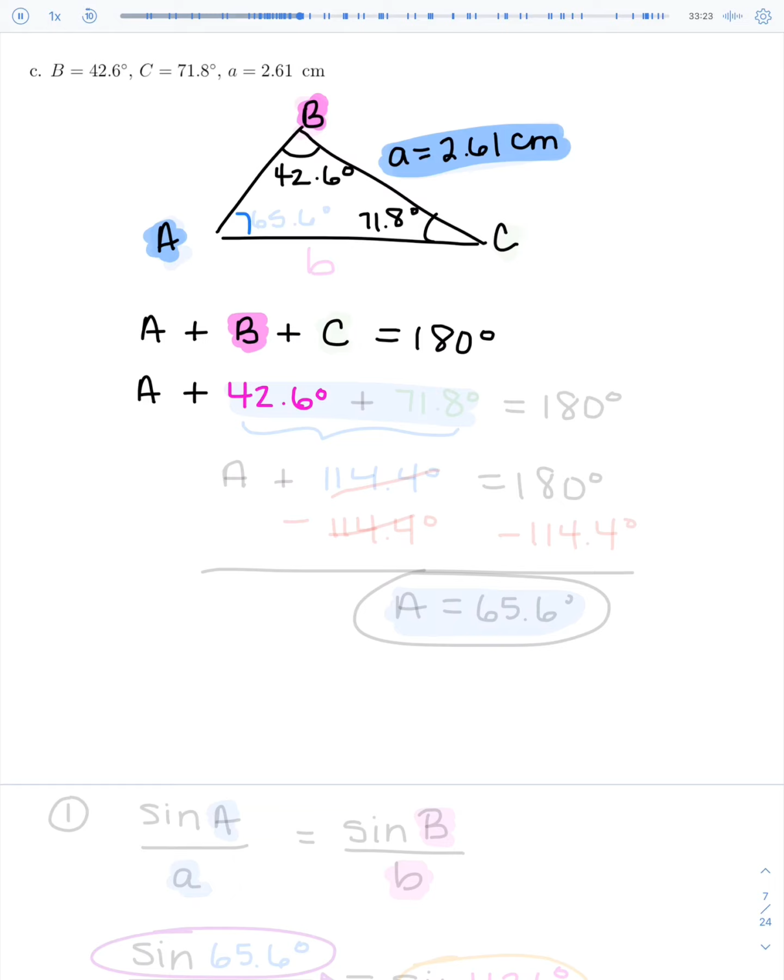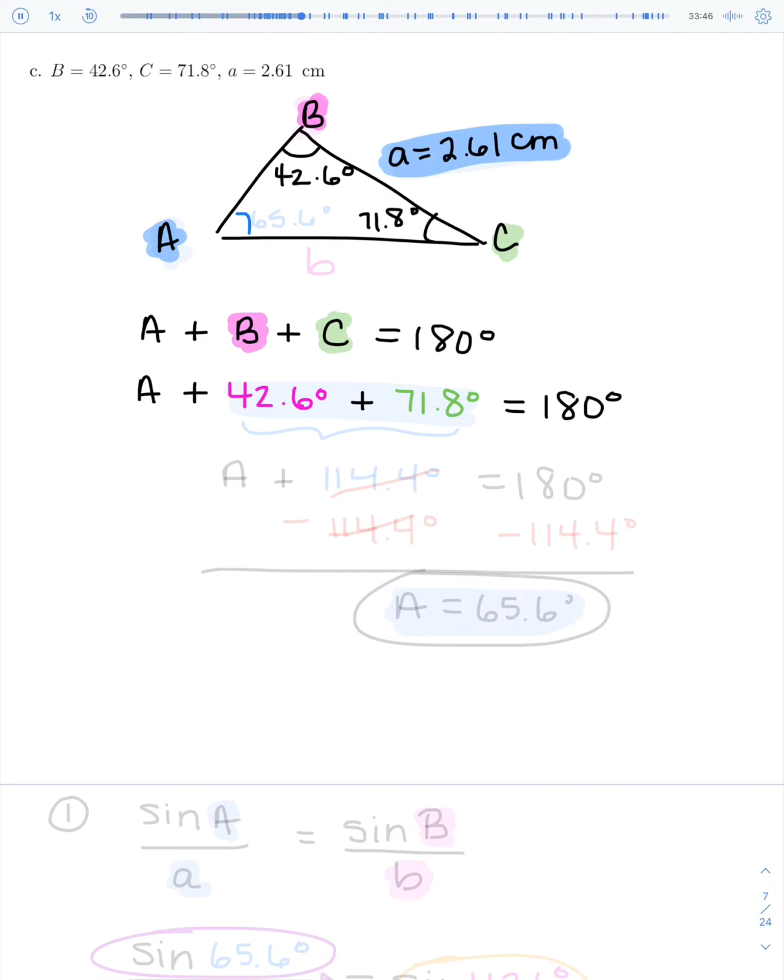And they also told us that angle C here was 71.8 degrees. So let's go ahead and fill that in. Angle C is 71.8 degrees. And together we should get all three of them adding up to 180.